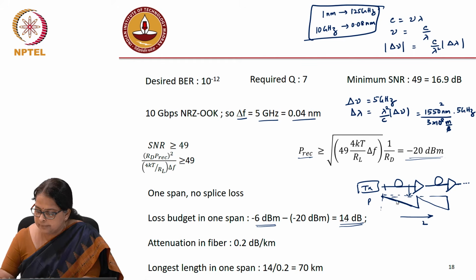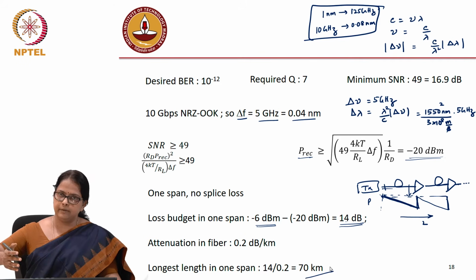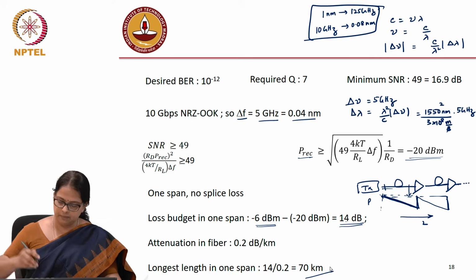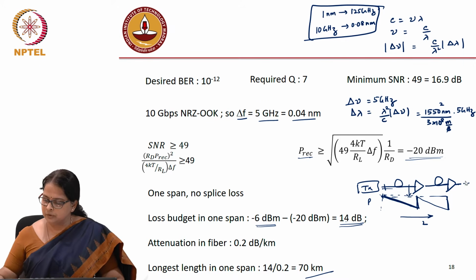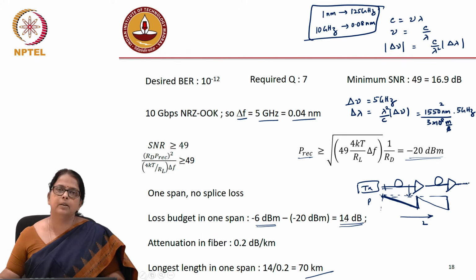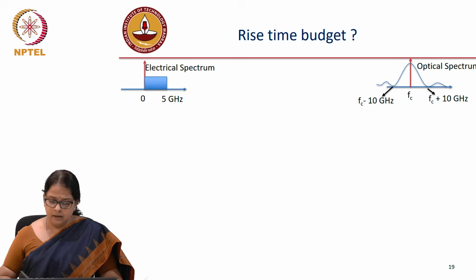So the link length design, every 70 kilometer you can keep the EDFA, get back to the original power. And so you can calculate what the link budgeting is.